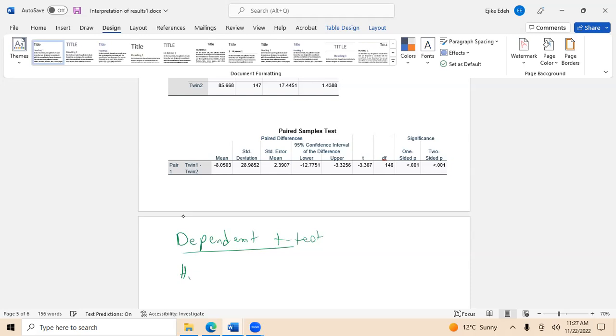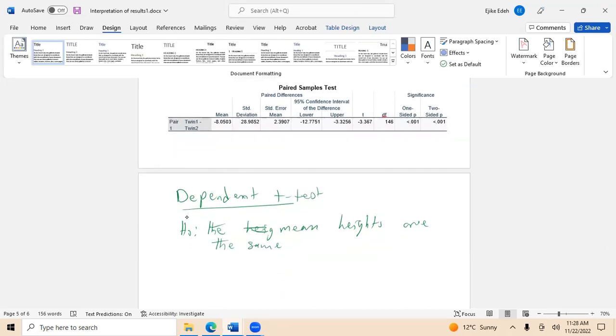So we can write our null hypothesis in words. The heights are the same, or the mean heights. Right? You can use the word equal. And then the alternative, of course, is that they differ.